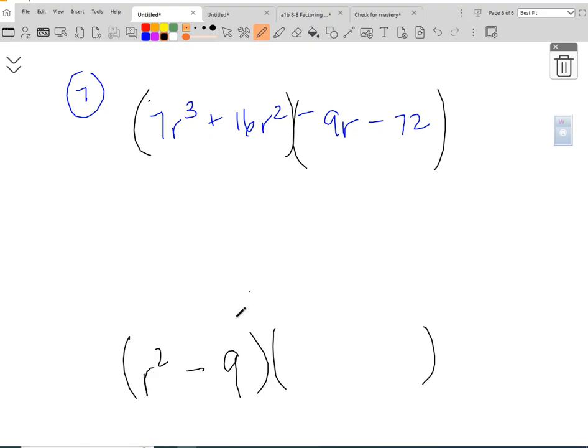Now what? Divide, yep. Divide the first term by its greatest common factor, or this is its greatest common factor.